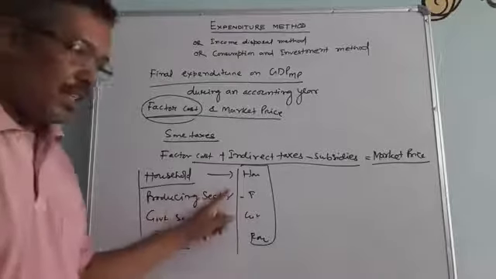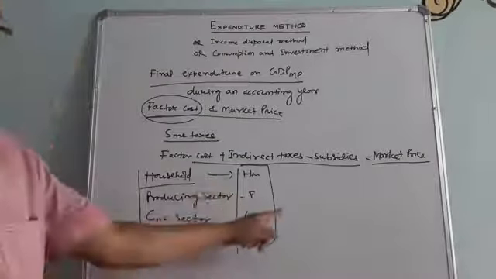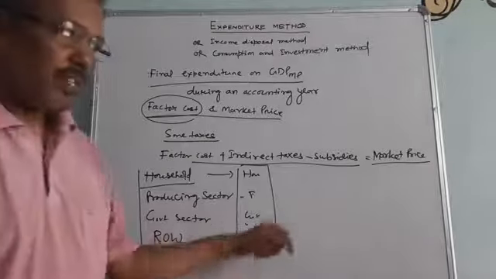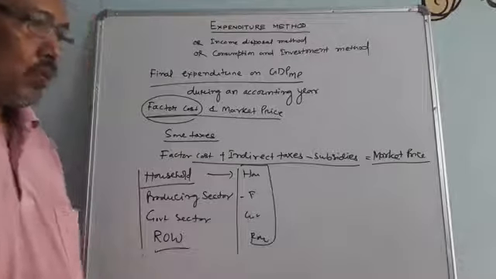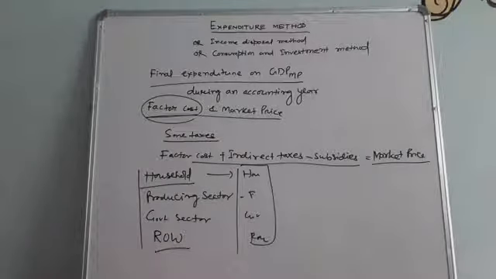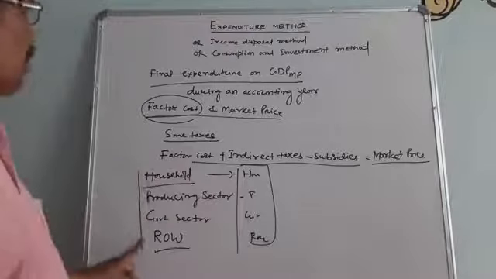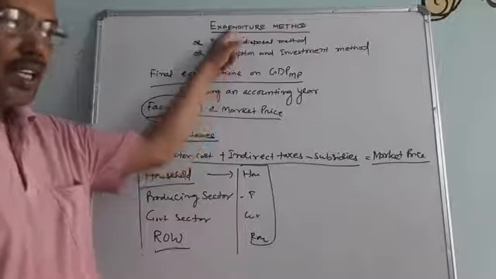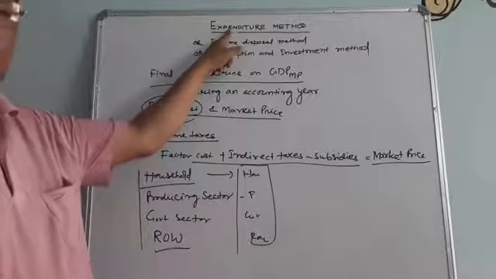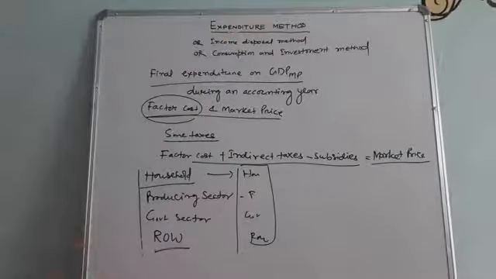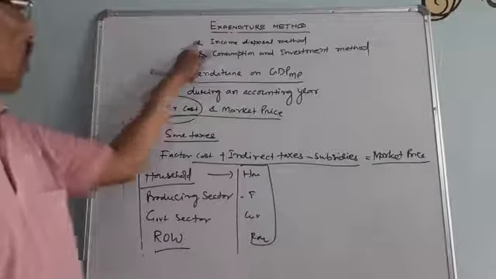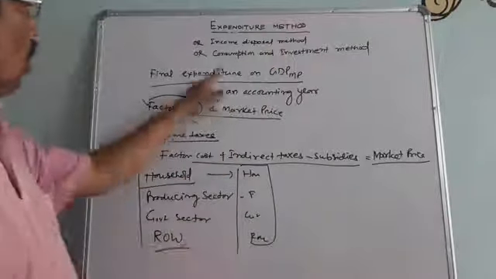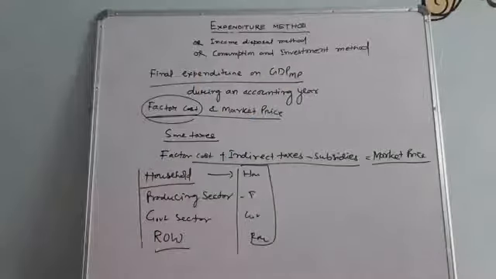They are spending money to purchase goods or services, as well as on investment to produce maximum output. When we add these kinds of expenditure, that is called national income. That is the meaning of the expenditure method. So it is also called the income disposal method, the way we are spending the money, or the consumption and investment method.